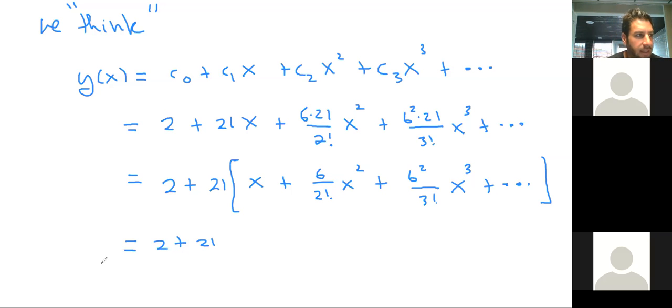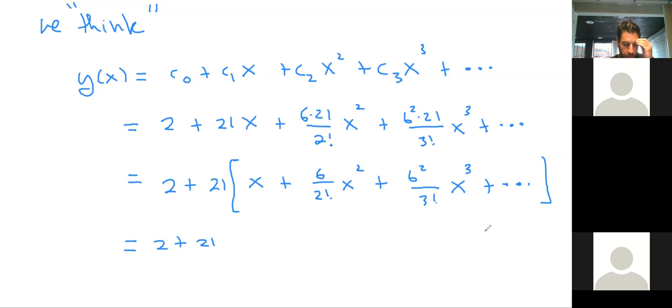It's not exactly that, but if I get creative, I might be able to make it look like an exponential power series.